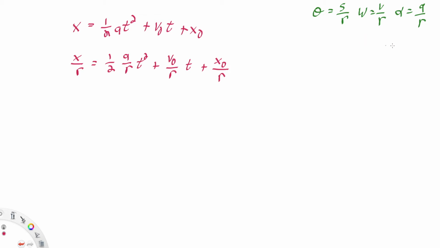Using our relationships in green in the corner, the distance over the radius is just the angle. The acceleration over the radius is the angular acceleration. The initial velocity over the radius is the initial angular velocity. And the initial position over radius is our initial angle.